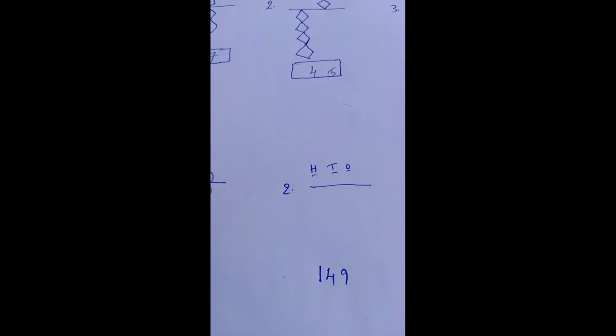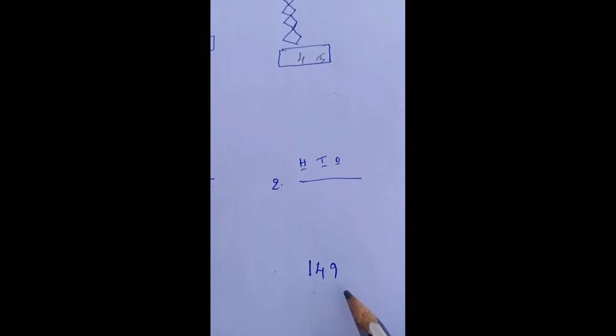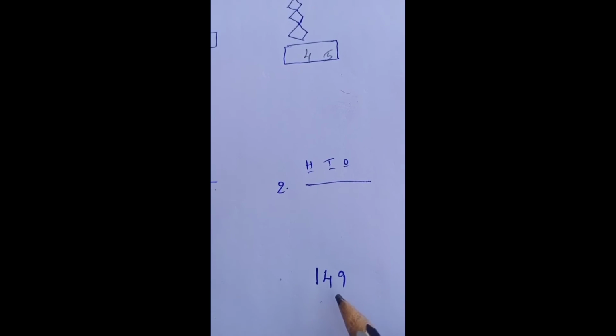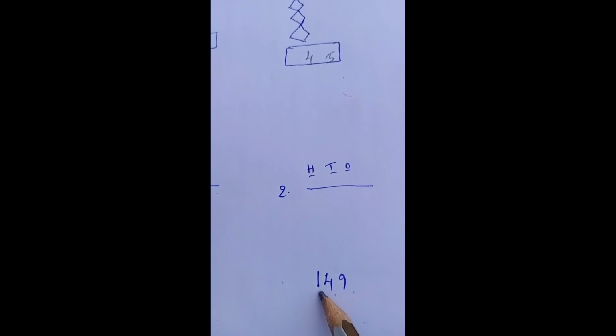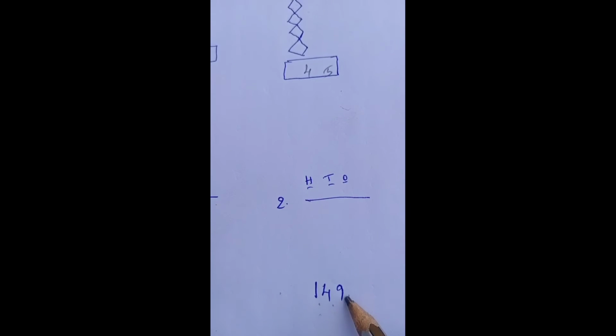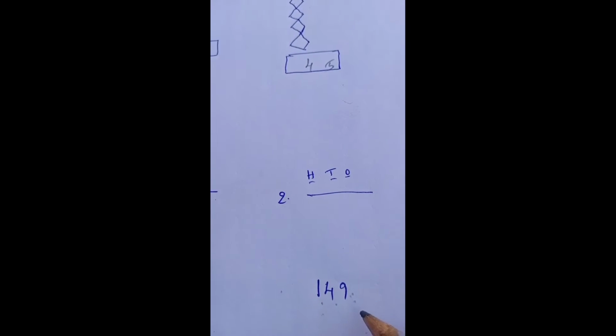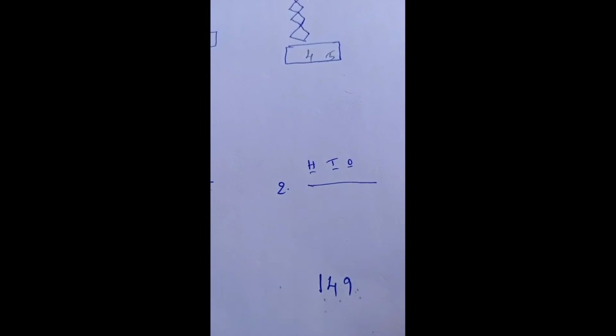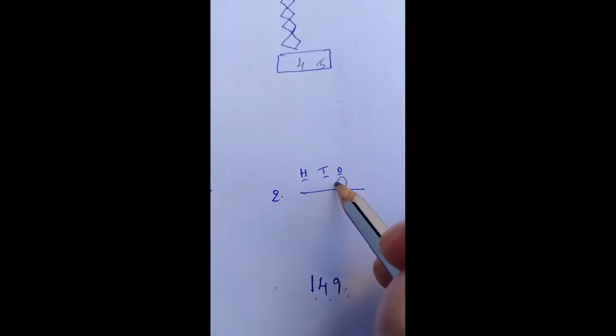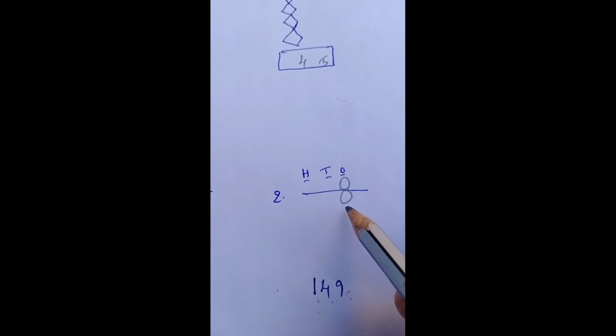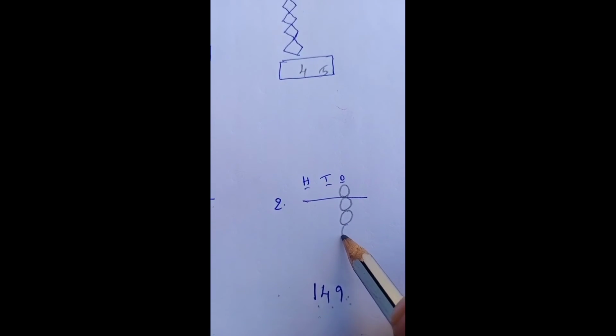Okay, now the next second problem. Here the given number is 149. So here three place values: ones place, tens place, hundreds place. First we write the ones place. Which number is given? 9. So 1 upper bead. Upper bead means 5, 6, 7, 8, 9.